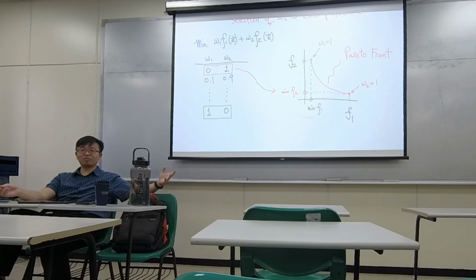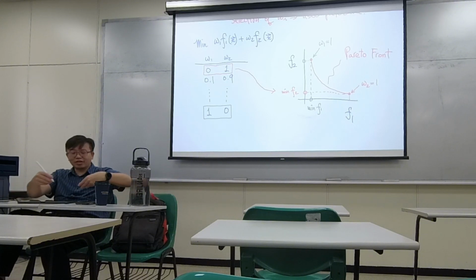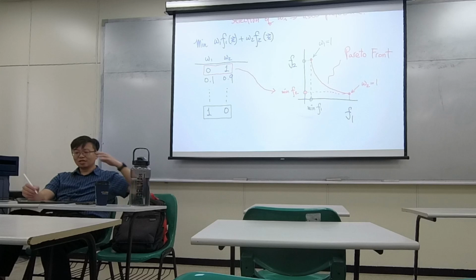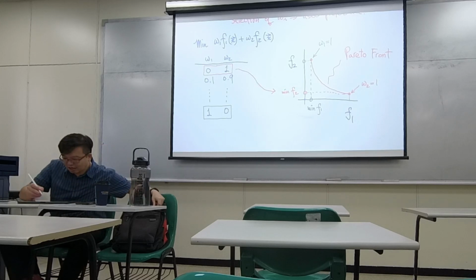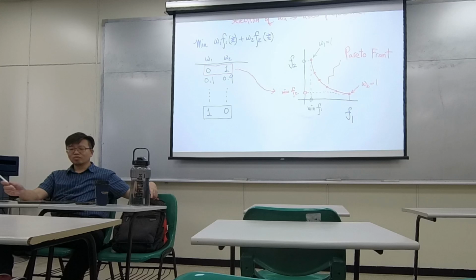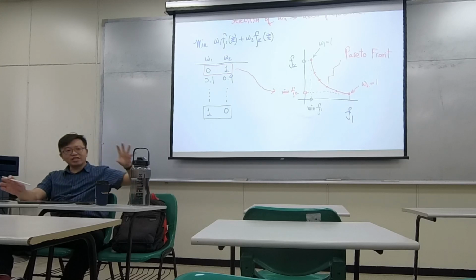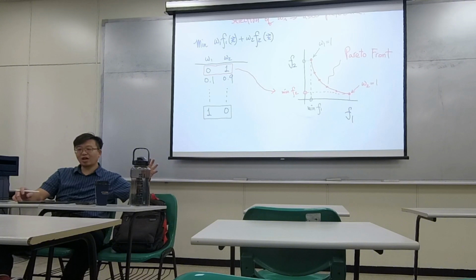So your F2 could be large. In between, you may see some solution points on the Pareto front. So in this field, in the multi-objective optimization field, people sometimes present the entire Pareto front for the user to understand what the possible solutions are for this MOO problem.